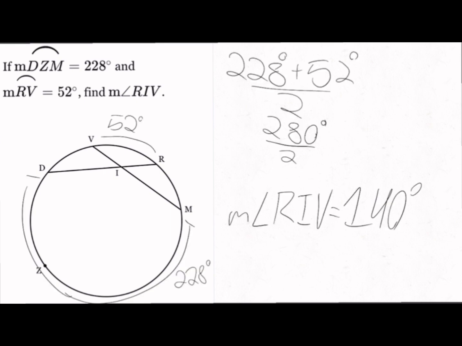Recall that these are angles formed by chords, so you would take the major arc and add the minor arc, because it's inside, and then divide by 2. Sorry. So 280 divided by 2 is 140, meaning angle RIV, or angle DIM, is 140 degrees.